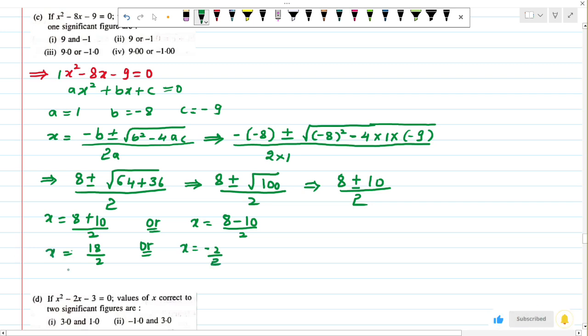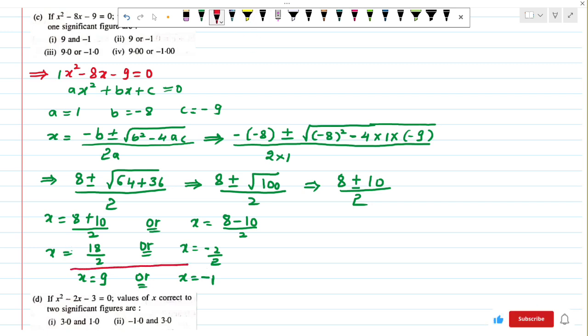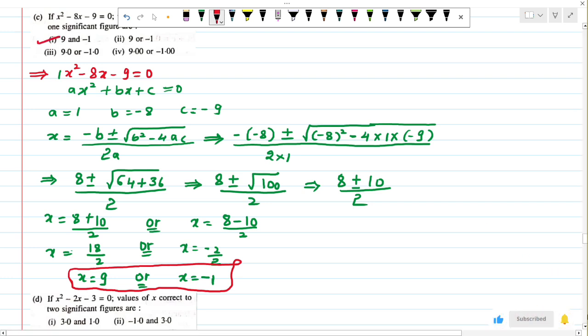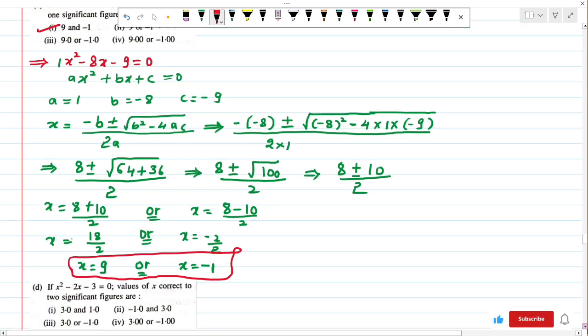So x is equal to 9 or x is equal to minus 1. These two are the values of x, and the correct option here is option A, that is 9 and minus 1. I hope this is clear for everyone.